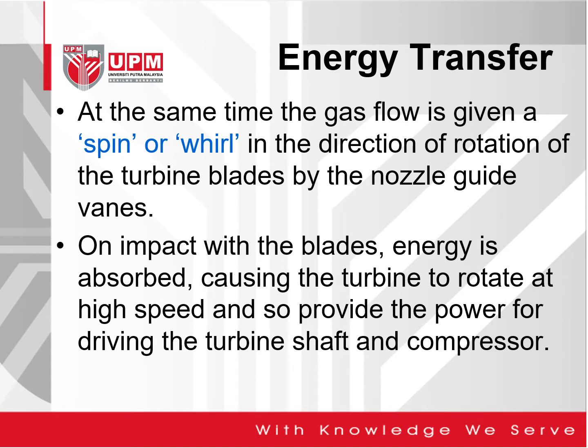At the same time, the gas flow is given a spin or whirl. It is rotated in the direction of the turbine blades' rotation by the nozzle guide vanes. On impact with the blades, the energy is absorbed, causing the turbine to rotate at high speed and so provide the power for driving the turbine shaft as well as the compressor.